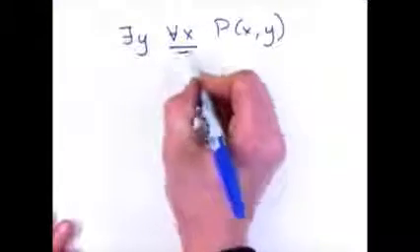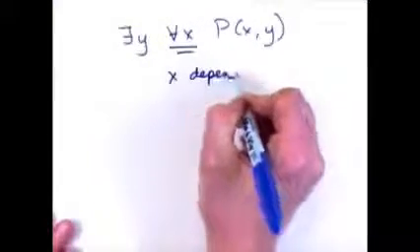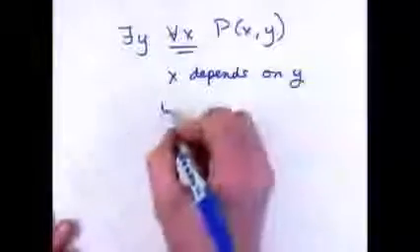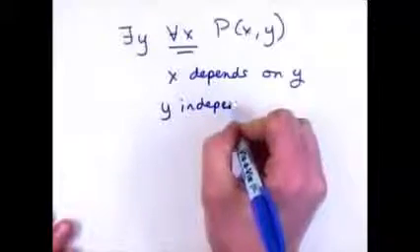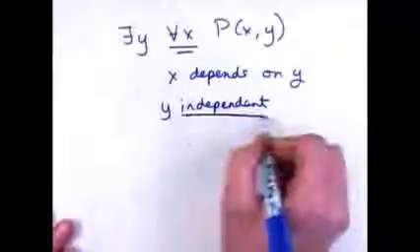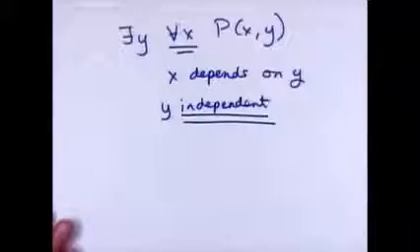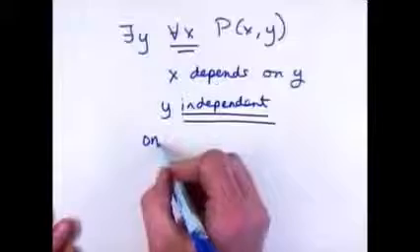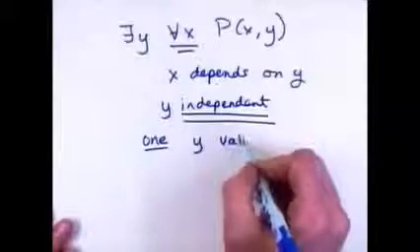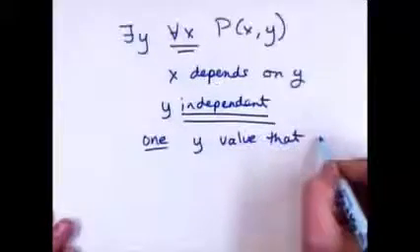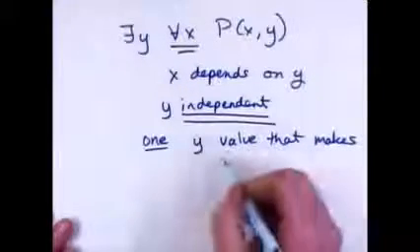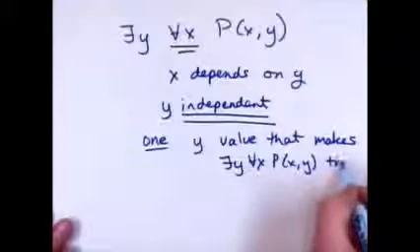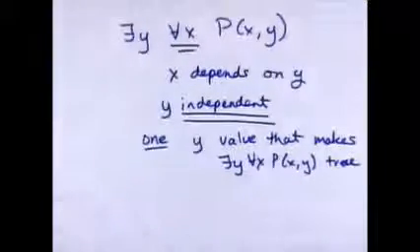So in this case, x depends on y because it comes second, and y is independent because it comes first.